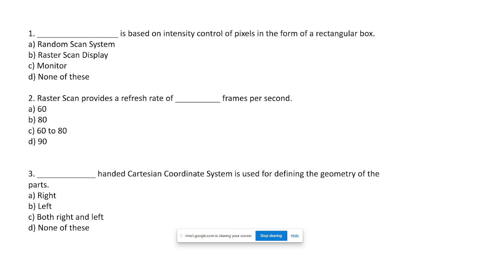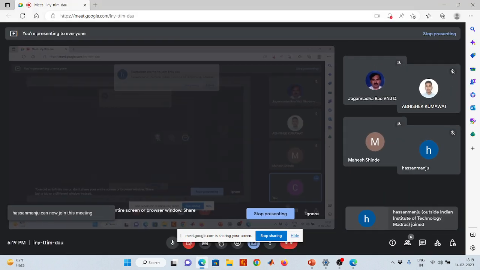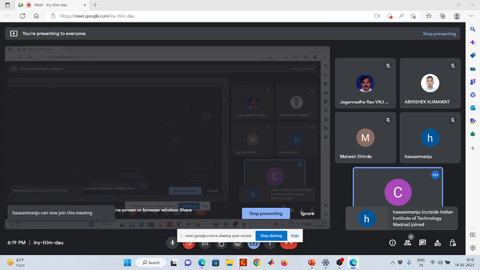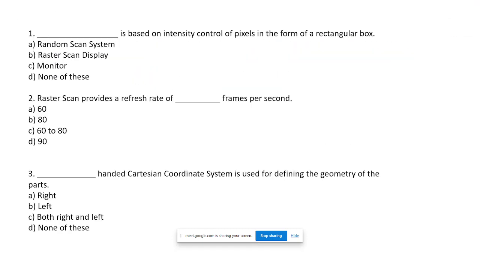Here we can see some questions. Raster can provide a refresh rate of 60 to 80 frames per second. For example, when you watch some shows on television, that time raster provides that refresh rate.